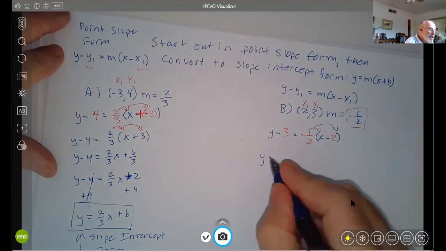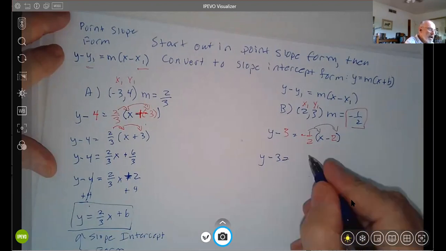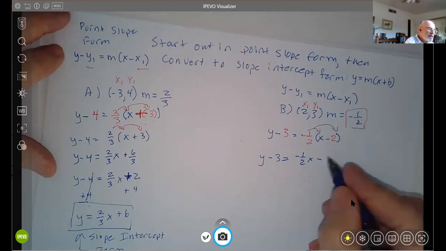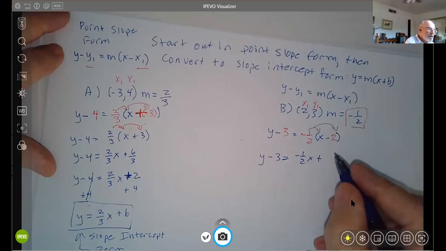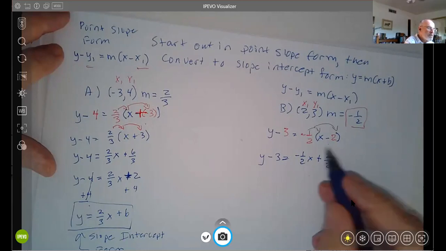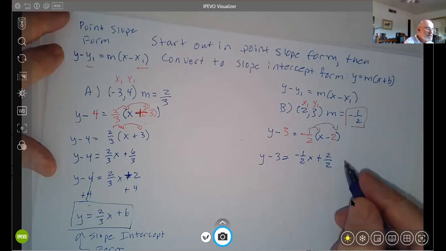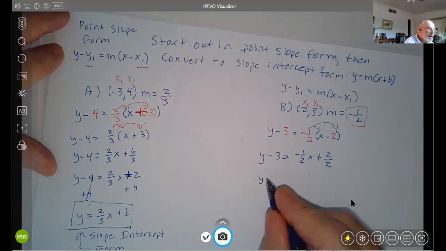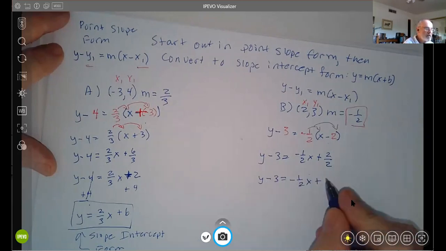Y minus 3 equals negative 1/2 x minus, now negative times a negative we said was positive, so plus 2 over 2, because 2 times 1 is 2, and then 2 times 1 is 2. Simplify it. 2 divided by 2 is 1, so y minus 3 equals negative 1/2 x plus 1.